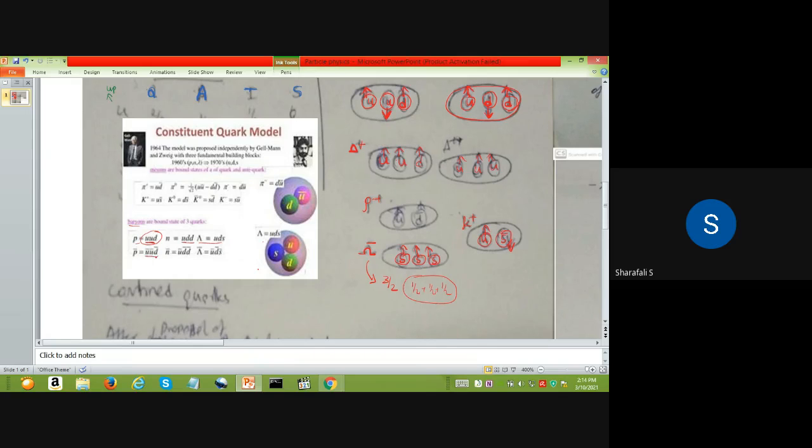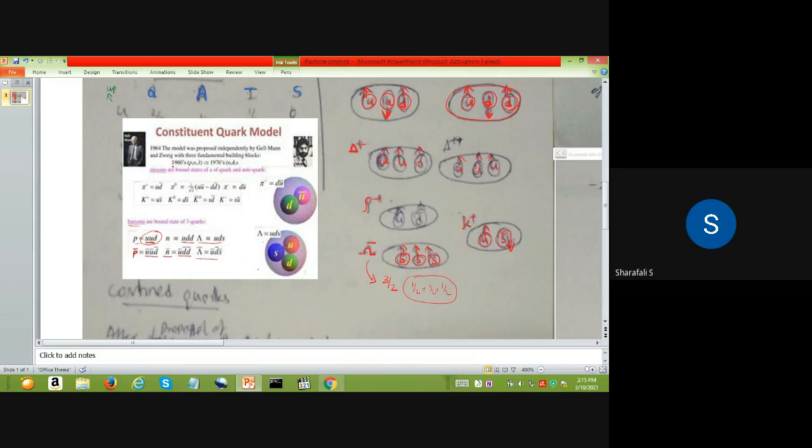For the anti-neutron, N bar, we have U bar, D bar, D bar. For anti-lambda we have U bar, D bar, and S bar.